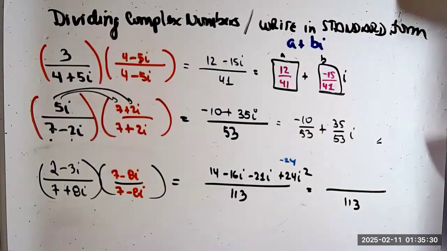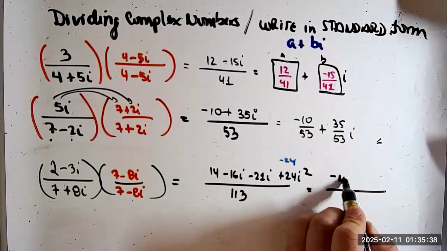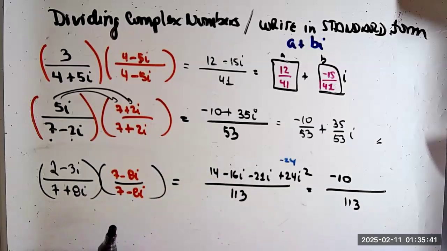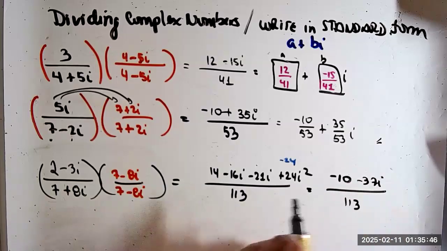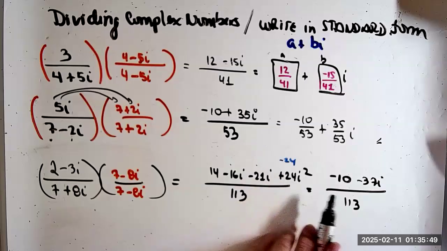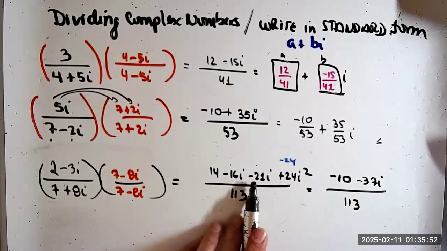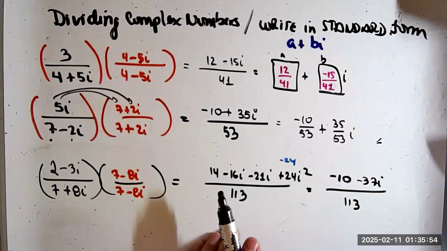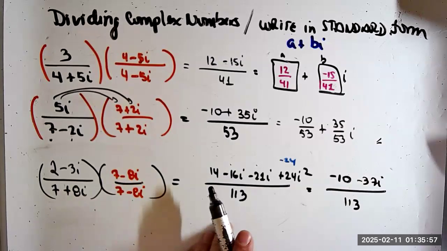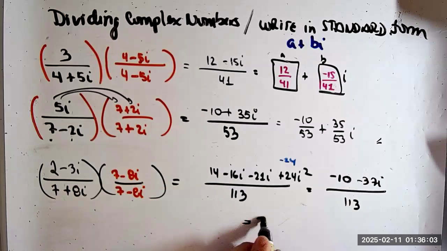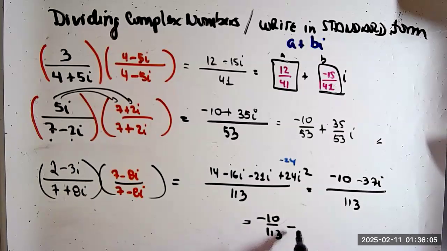And then I have 14. 14 minus 24, that would be negative 10. Minus 16 minus 21, minus 37i. Or negative 10 over 113 minus 37 over 113i.